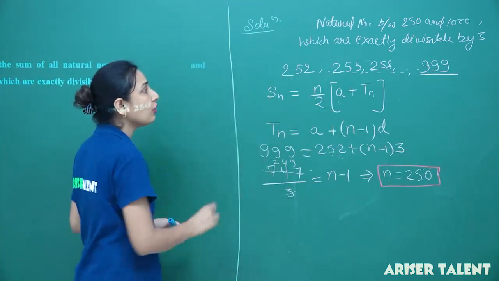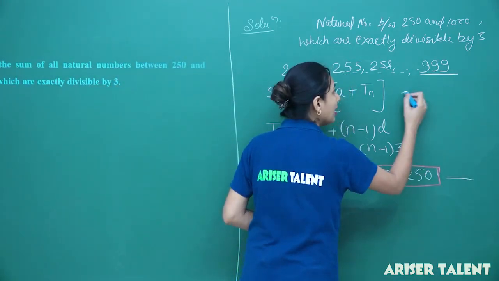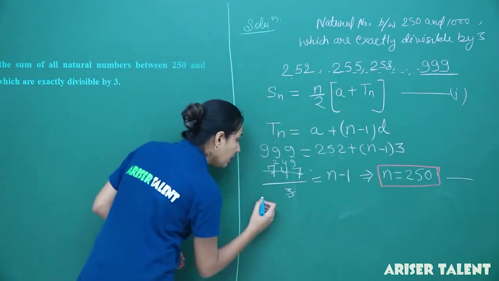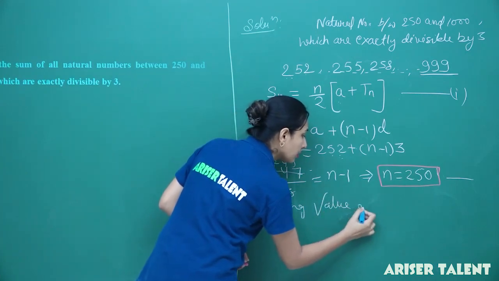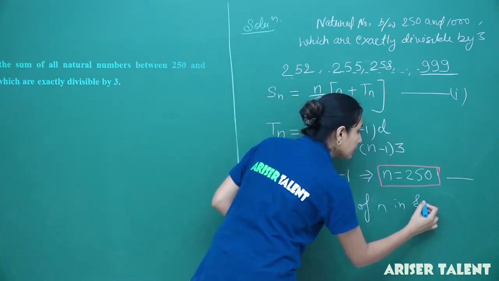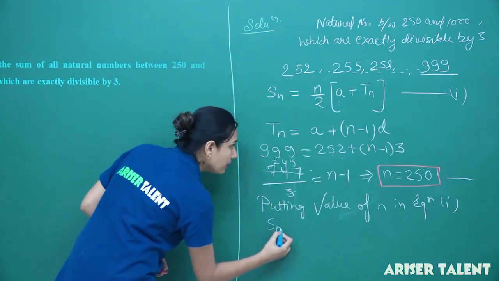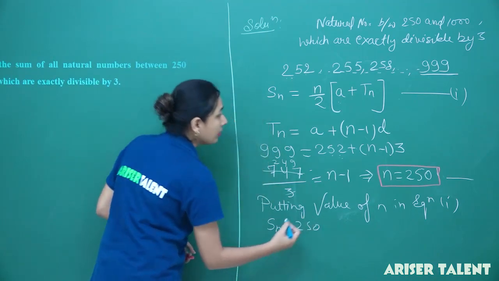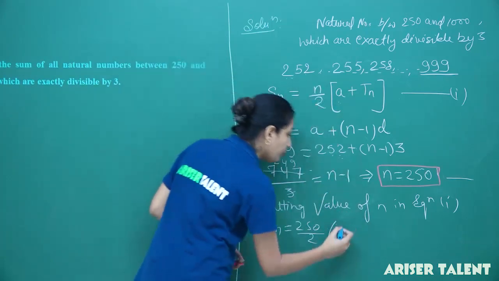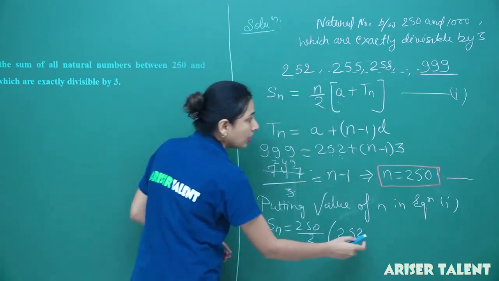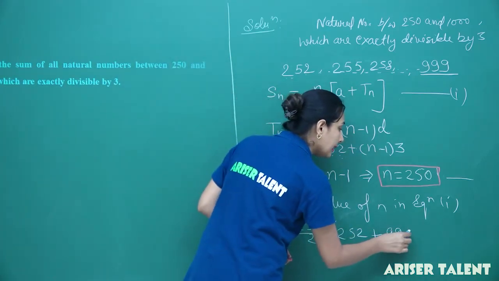Now you have the value of n to put here. So putting the value of n in equation 1, Sn will be equal to 250 by 2, times a, which is 252, plus Tn, which is 999, the last term.